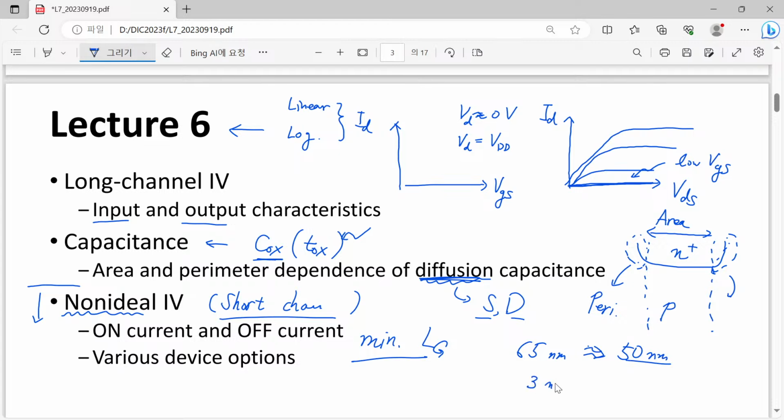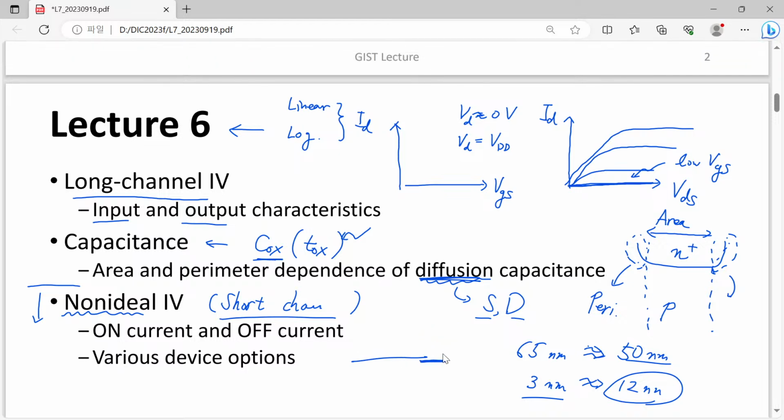We are around the age of 3 nanometer technology, and the minimum channel length is about 14 or 12. So those are values around the minimum bit length. In this case, the characteristics of this minimum size or shortest channel length device are far different from those of a long channel device. So that's the reason why we have to consider some special cases where channel length is quite short.